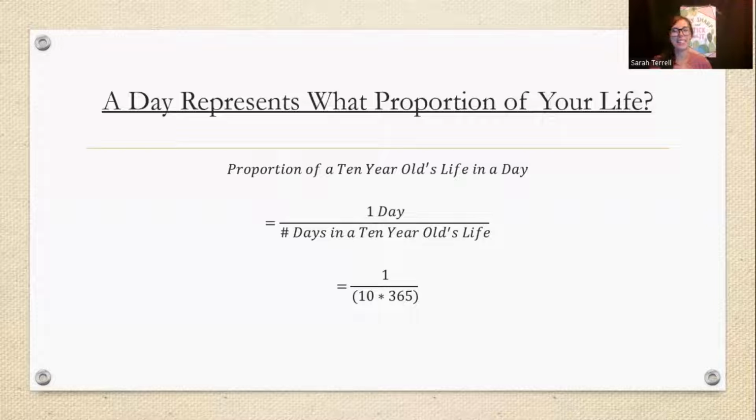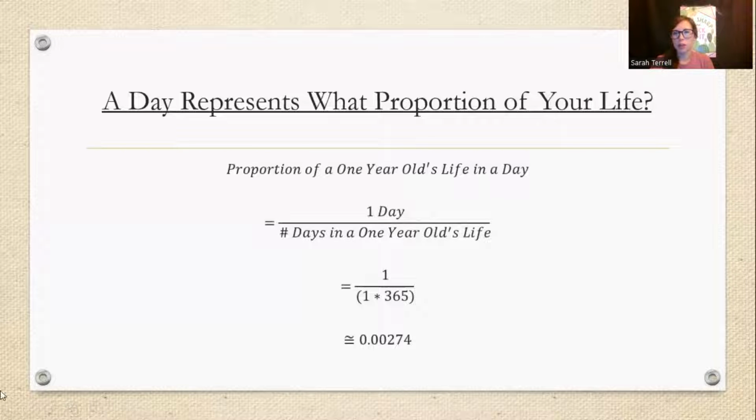If we wanted to be exactly precise about how many days you've lived, say 10 years and a month, you could do 10 times 365 and add on your extra days. But let's keep it simple for now. Let's assume each person we're evaluating is at their exact birthday, giving us a proportion of 0.00027.